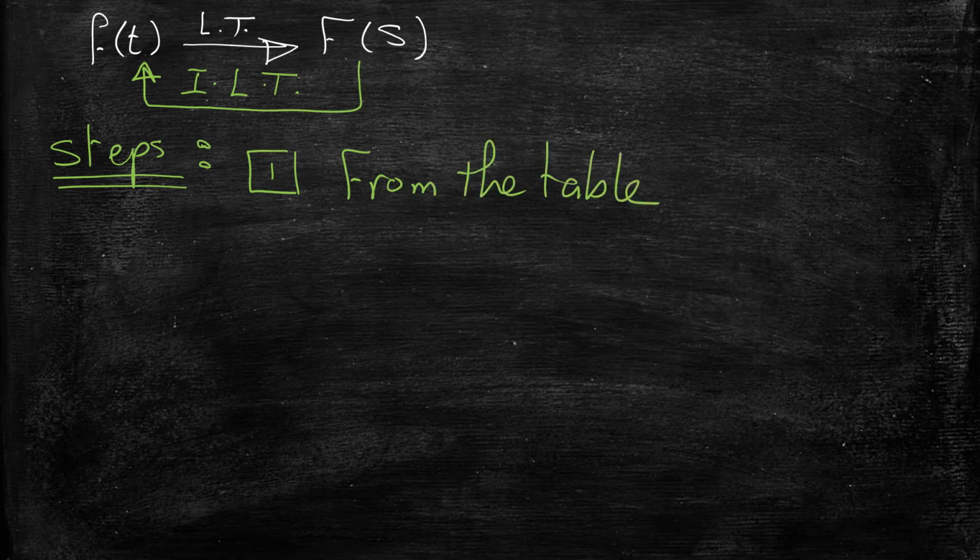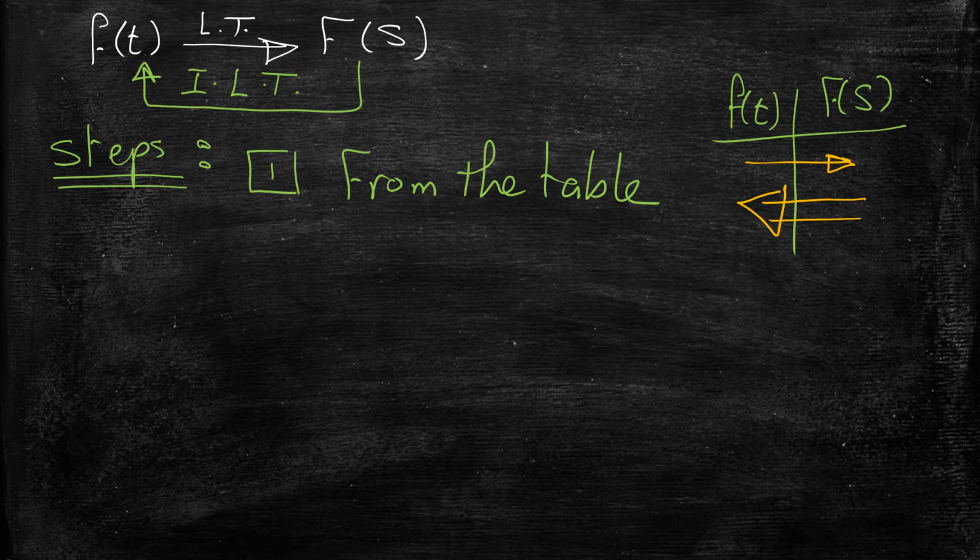We have this table that we have used multiple times previously, with f of t and the corresponding F of s. Instead of moving in this direction, we will have this F of s and return back to find the corresponding f of t. So this is number one.